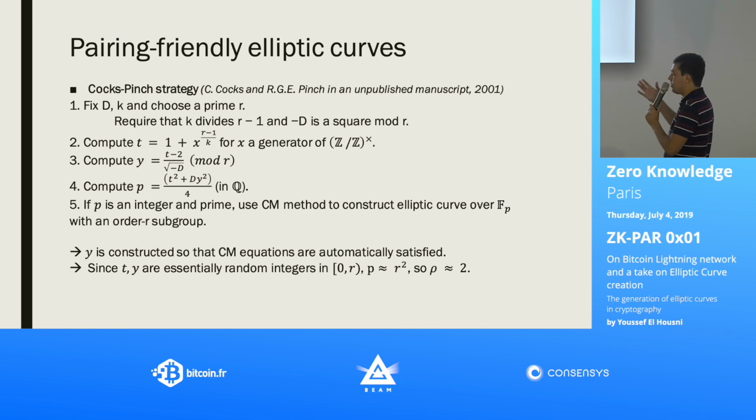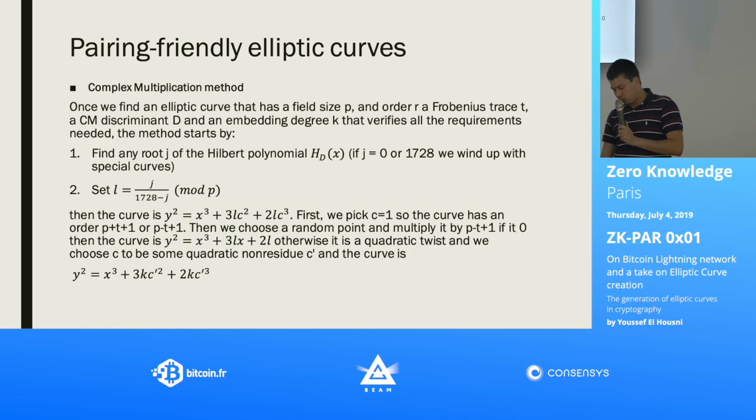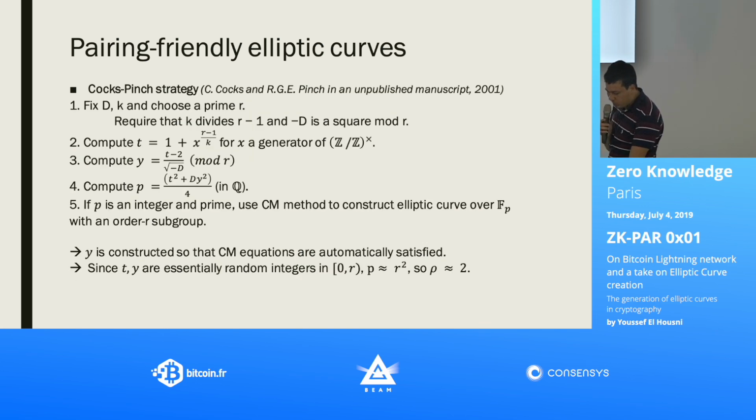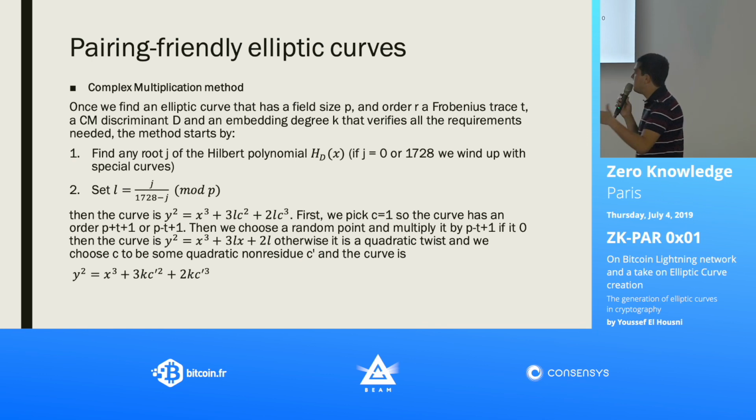But for example, in NIST, if you remember, we had about the same 256 bits. This is not only related to pairing-friendly elliptic curves, but in this construction, for example, we didn't find the A and B, so we need to find the A and B. There is this complex multiplication method.